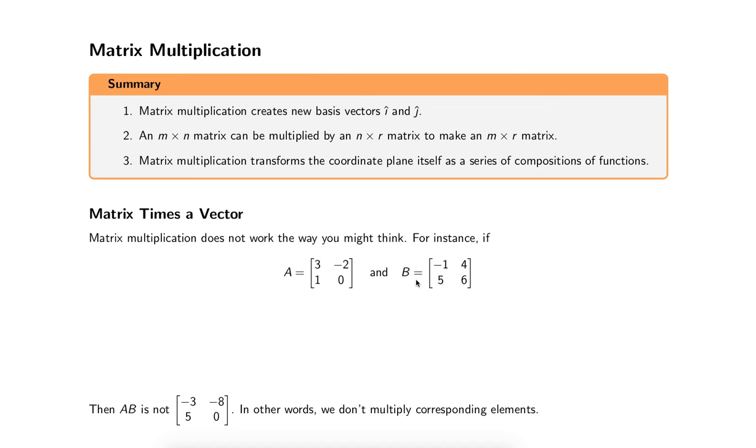So A times B is not going to give us the product of the corresponding elements. For instance, 1 times 5 in the second row, first column, gives us 5, but this is not the correct answer.